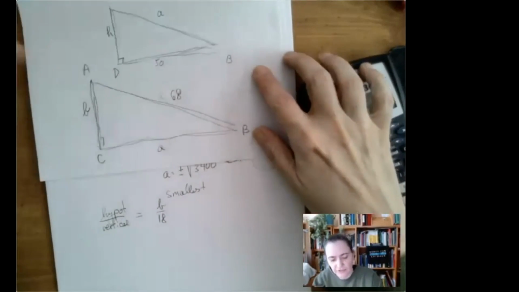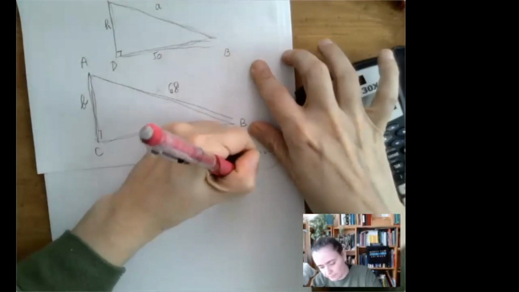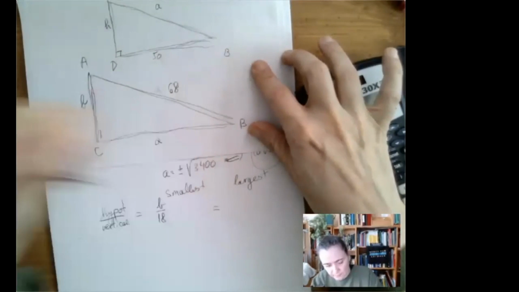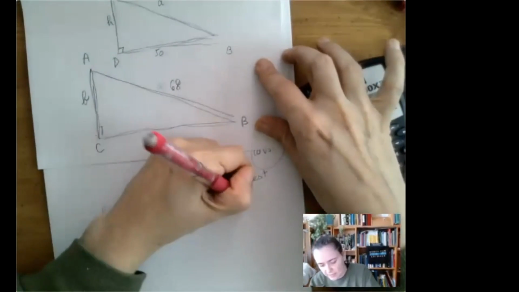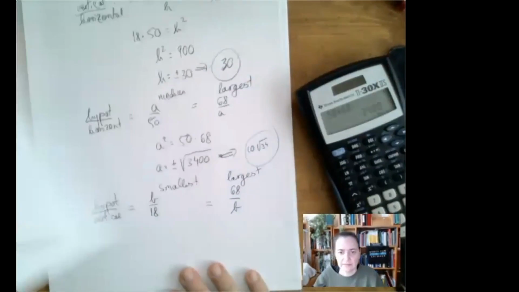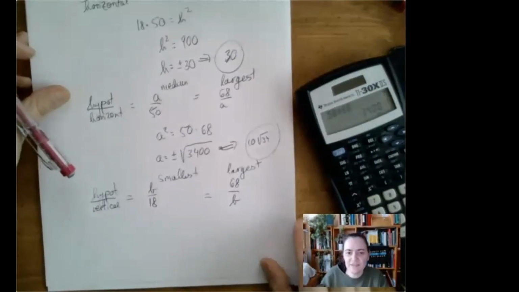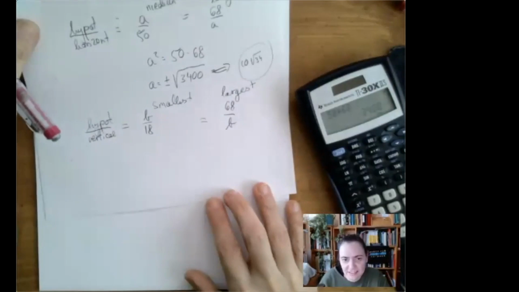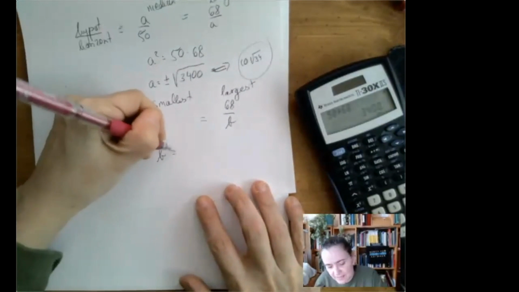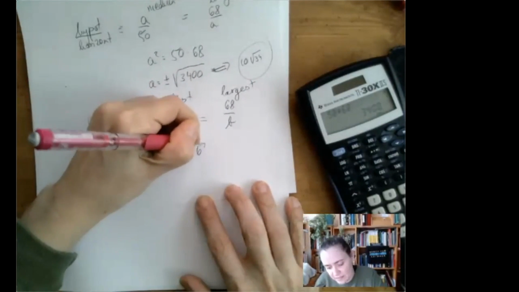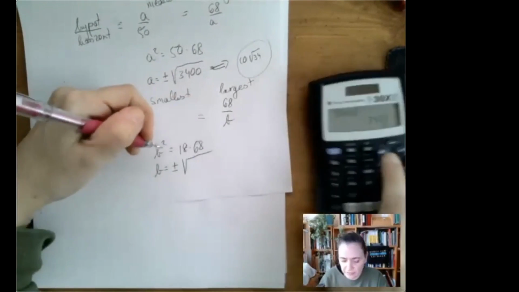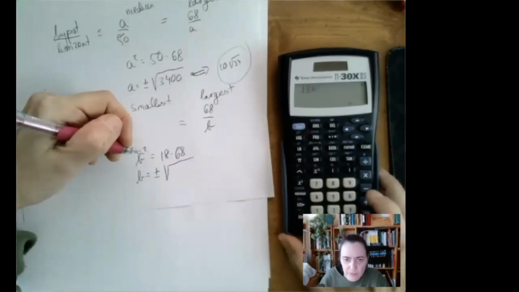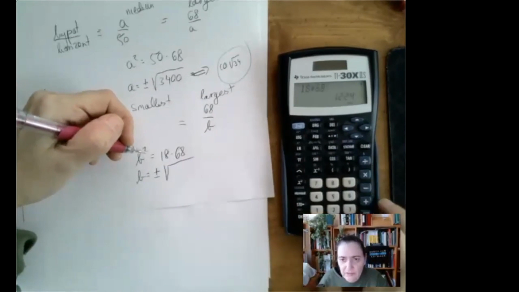And in the original, the largest one, the hypotenuse is 68 and the vertical side is B. And surprise, surprise, it's very similar structurally. B squared is 18 times 68. And so B is going to be the square root of that. Of course, the positive one only.